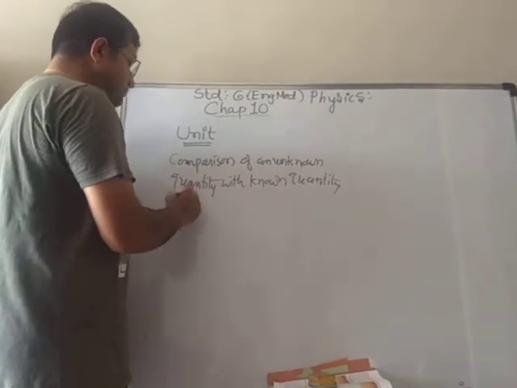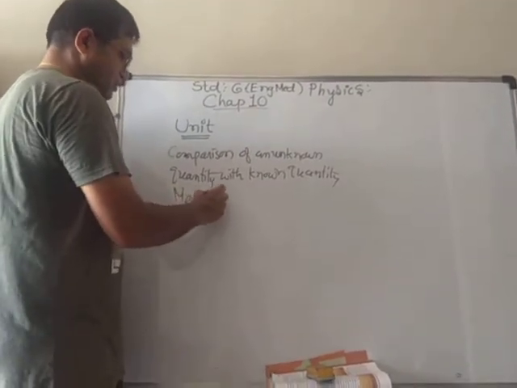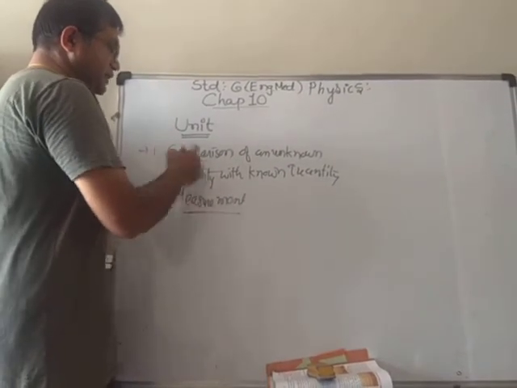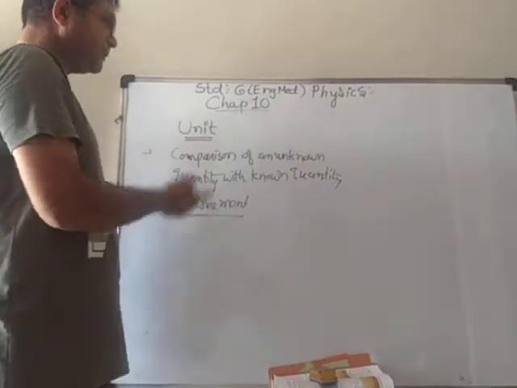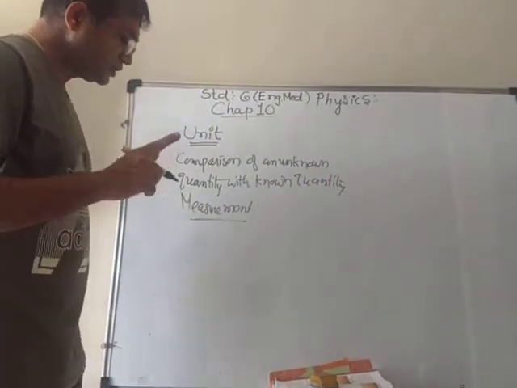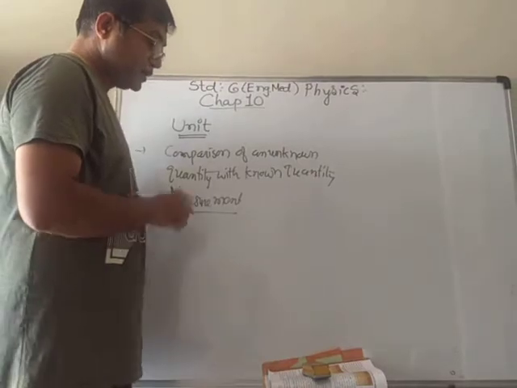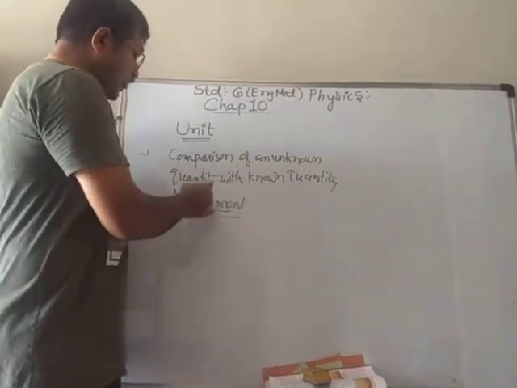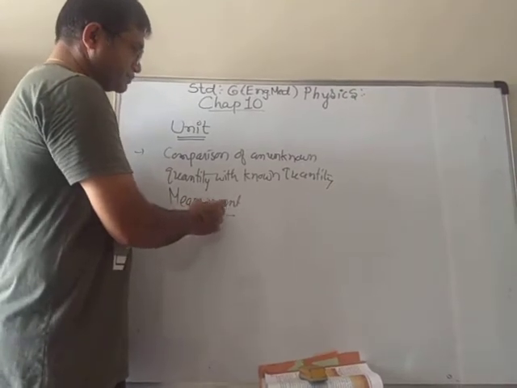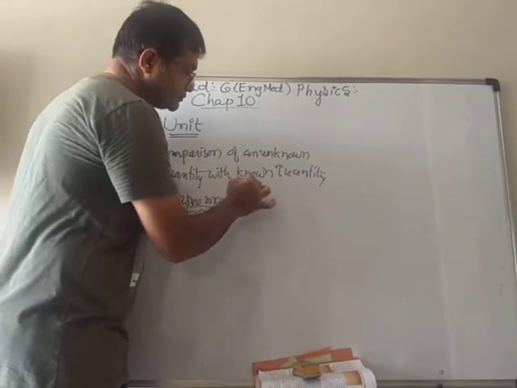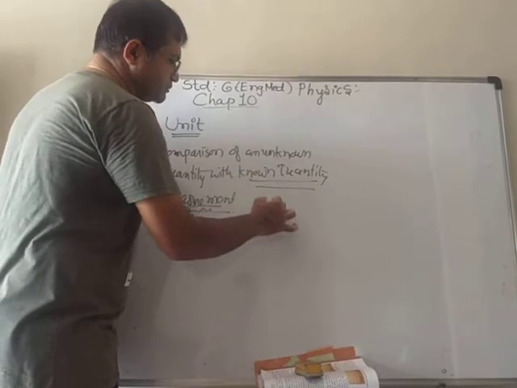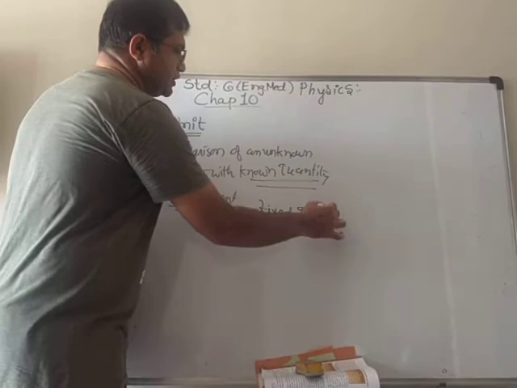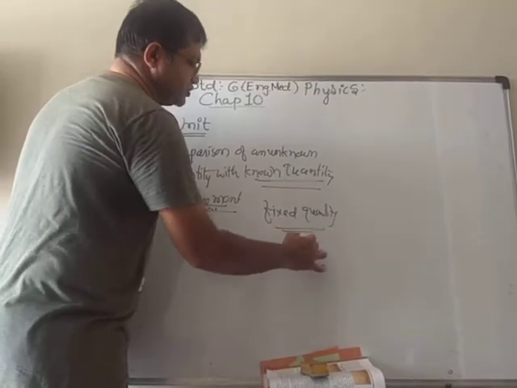That one is known as the measurement first. This is the measurement. That comparison of an unknown quantity with a known quantity is known as the measurement. And in measurement, that known quantity, which is a fixed quantity, is known as unit.